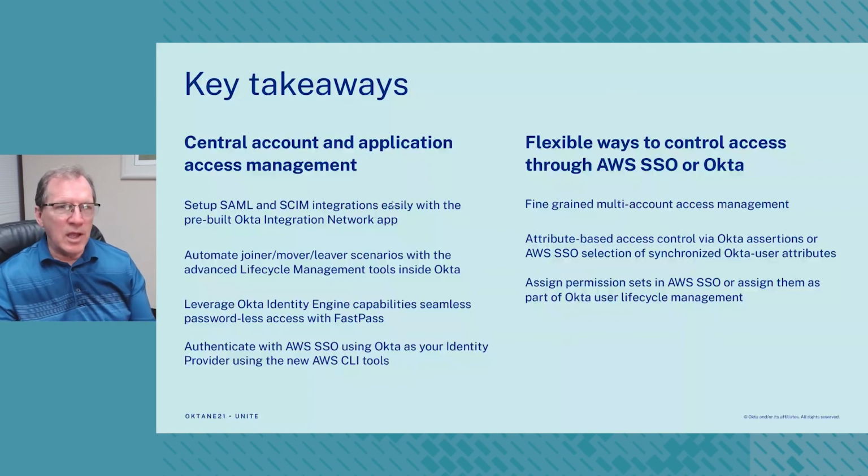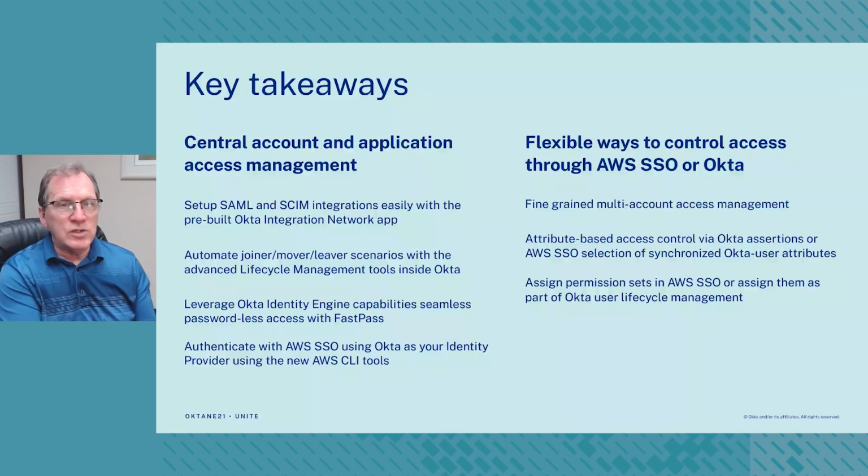The first thing I want people to understand is that you can now have this really great central account and application access management by integrating Okta with AWS SSO. You get this easy experience of setting up SAML and SCIM integrations, and once you've done that, it allows you to use the Okta workforce identities across a whole number of AWS use cases.